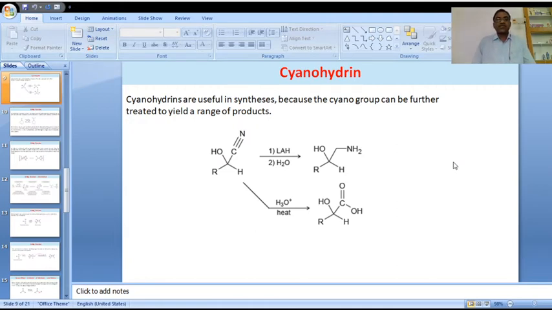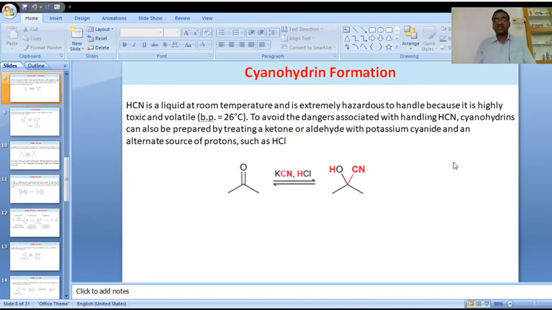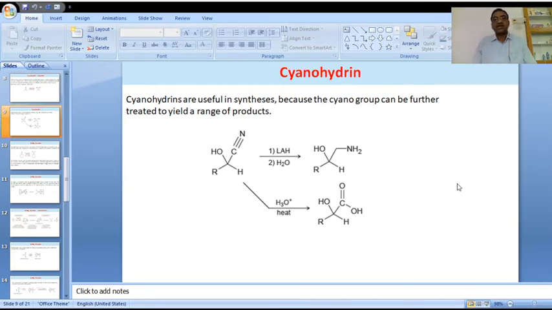Now, cyanohydrins are useful in various syntheses. The product, cyanohydrin, is used in various synthetic methods, because the cyano group can be further treated to yield a range of products.